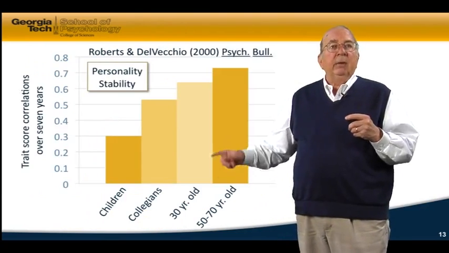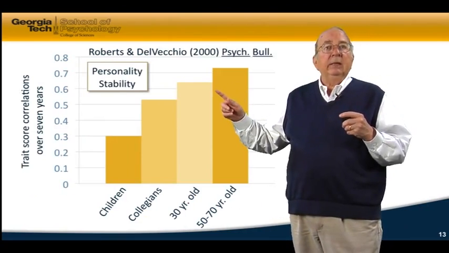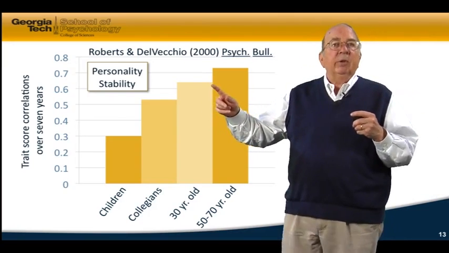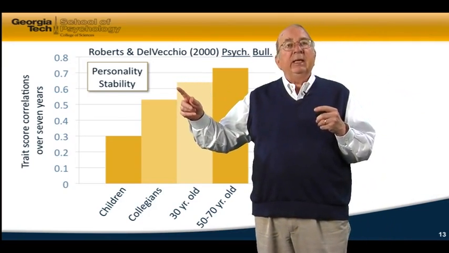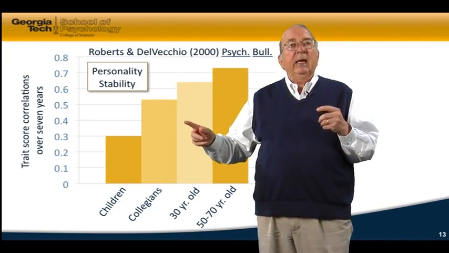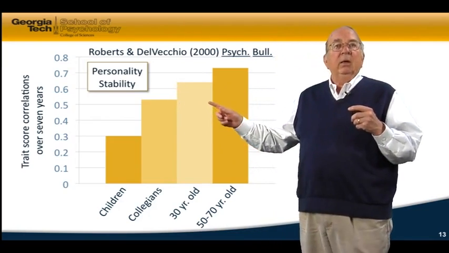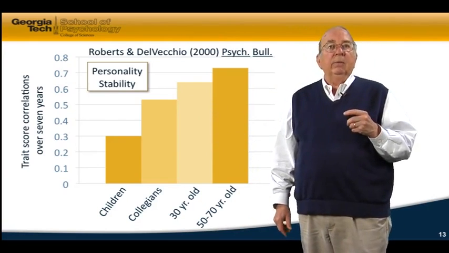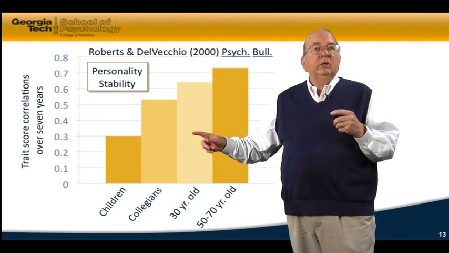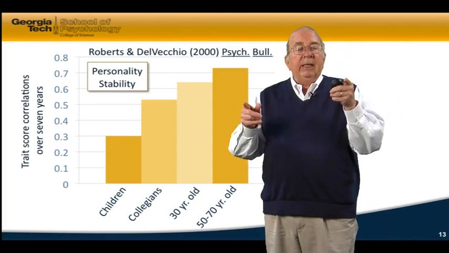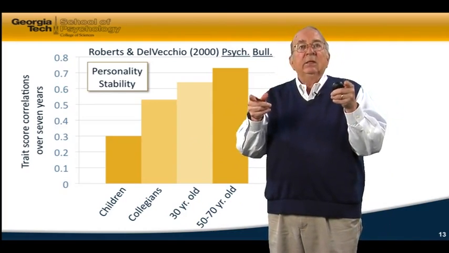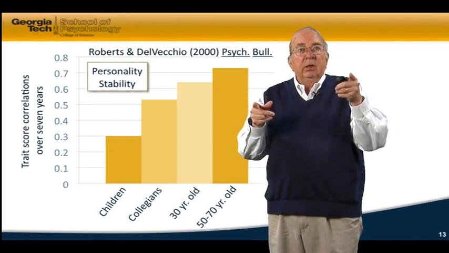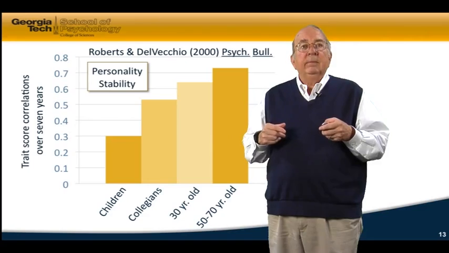This is a study that was done by Roberts and his colleagues and published in the Psychological Bulletin, which looks at the stability of personality as measured by these trait tests. And you can see that the stability in adults is pretty good, and maybe not so good in young people. In children, the stability is from taking the test and then taking the same test 7 years later. So it's looking at whether or not you have change or stability over that period.